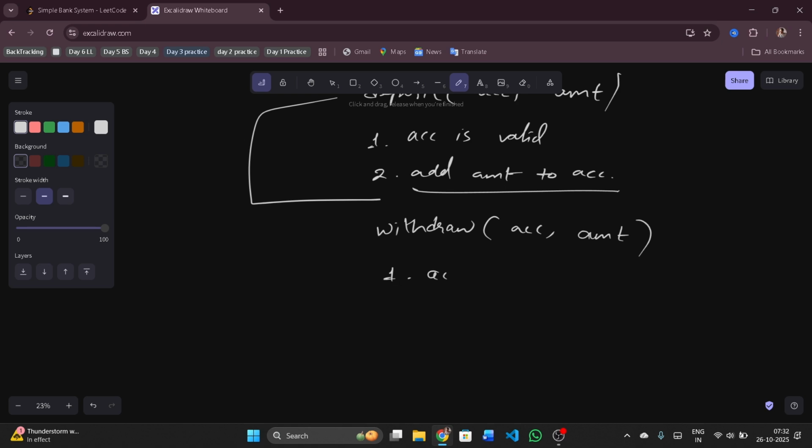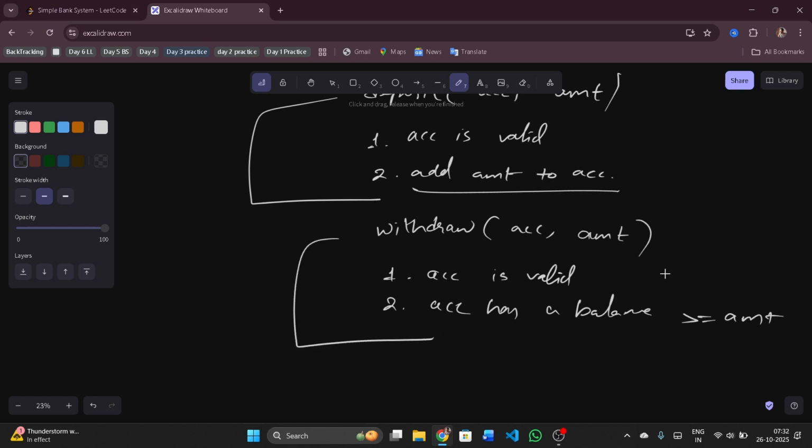So every time we need to check if the account is valid and the account has a balance greater than or equal to amount. If so, we'll return true. If the account is not valid, we'll return false. Or if the account has balance less than the withdrawing amount, then we'll return false.